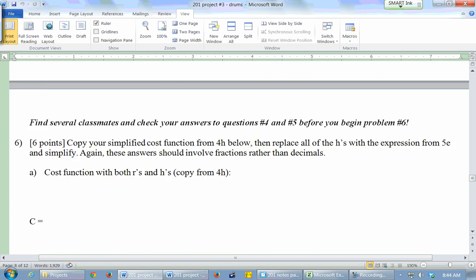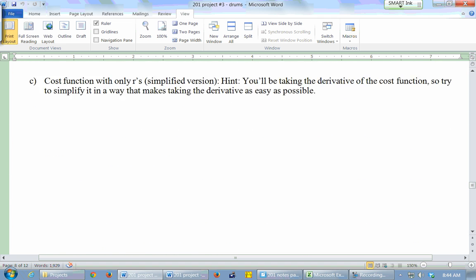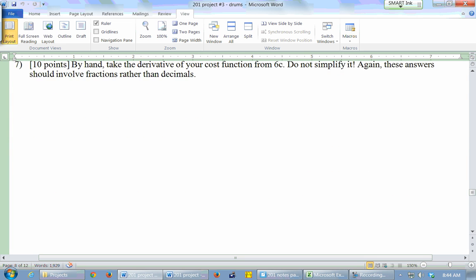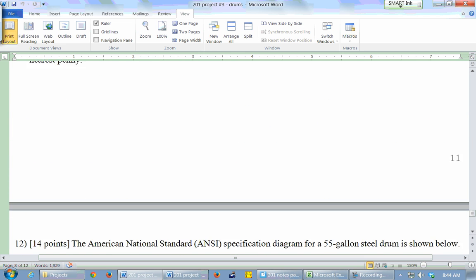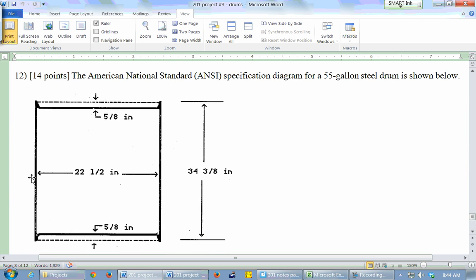And then the very last part of this project is I tell you the American National Standards specification diagram. This is actually how a steel drum is built. And you want to compare your results that minimize cost to the American National Standard. If you want a spoiler, they do not come out the same.